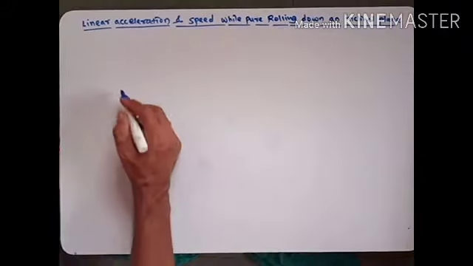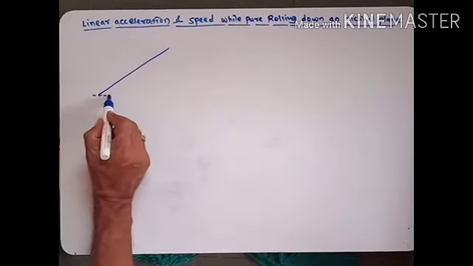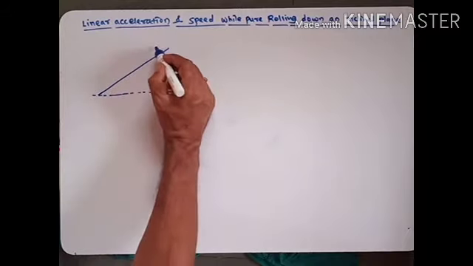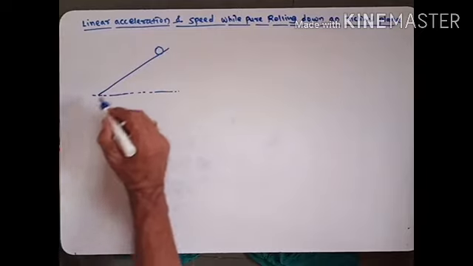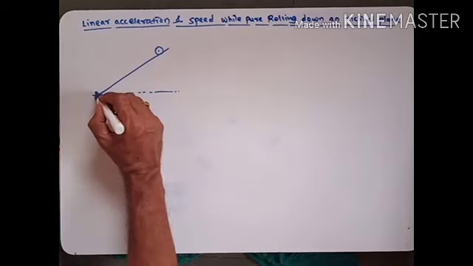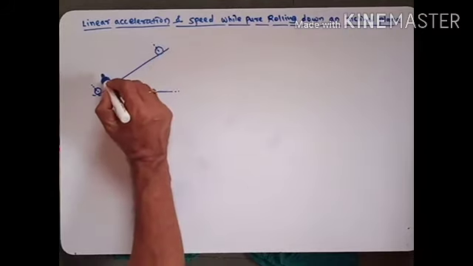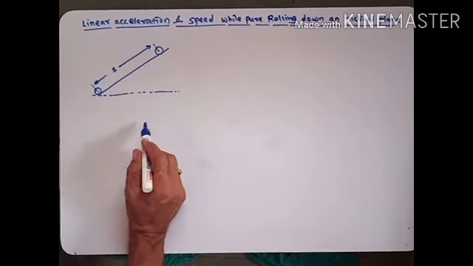Suppose this is the inclined plane, this is the horizontal direction, and this is the body rolling down. Suppose the body starts here and comes lastly here. This distance we consider as S, the distance traveled by the body.